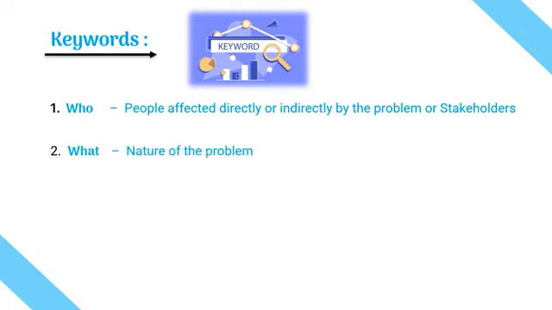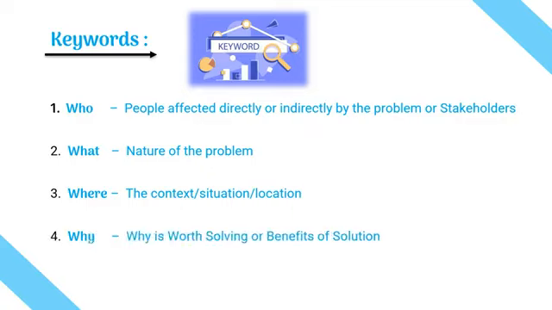Now, what is associated with the nature of the problem. Whenever you see nature of the problem, just match it with what. Where with the context, location and situation. The why block with why is the problem worth solving, or benefits of the solution, or benefits to the stakeholder.